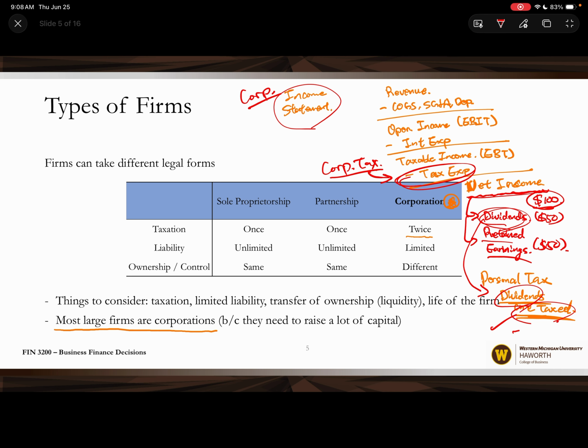So this is what we call double taxation. And no one likes being taxed twice, right? So that's one downside of being in a corporation. The owners of a corporation are taxed twice. Whereas in sole proprietorships or partnerships, I think you're only taxed at the personal level.